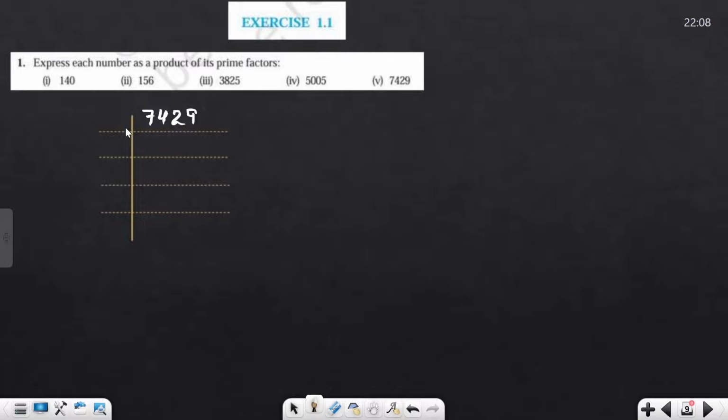Check on 13. Is it divided by 13 or not? Okay, if you want to do rough work, you can use rough paper. When you try to solve it, 7429 divided by 13, we never get an exact answer. So you need to try 17.